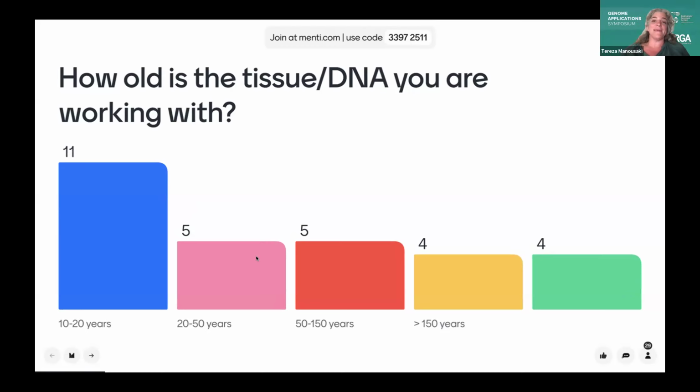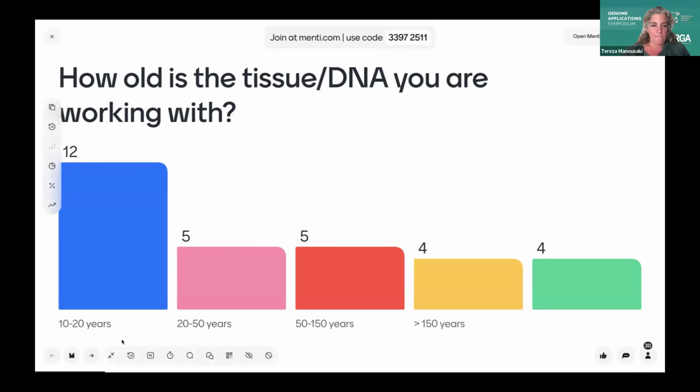But it could be that's because they are also unconventional species that we were discussing in the previous sections. So we have people that are working on really old samples. We're really looking forward to getting your feedback and your experience. Should I move on to the next?